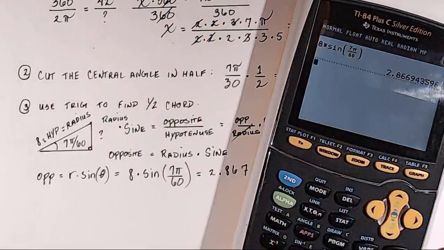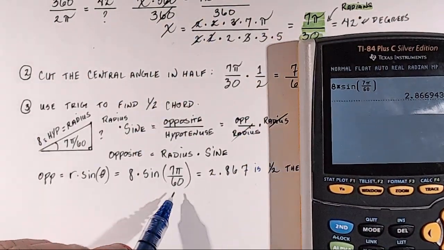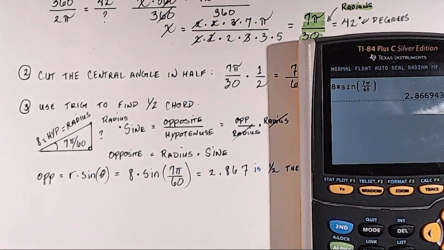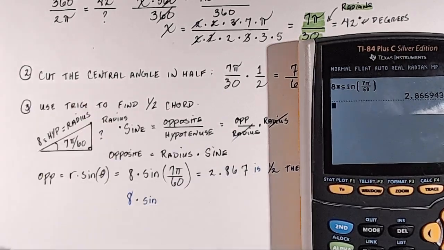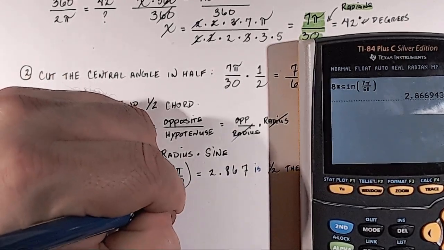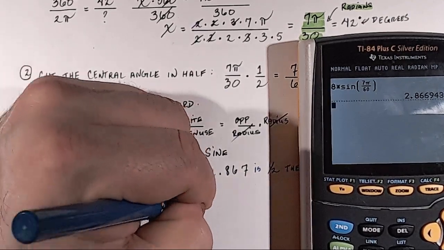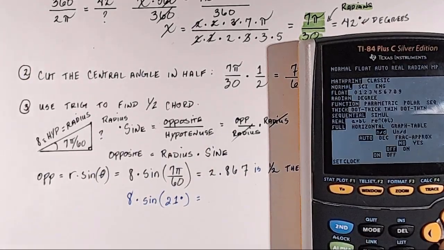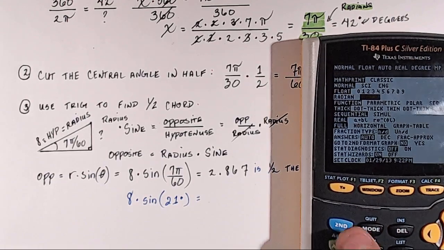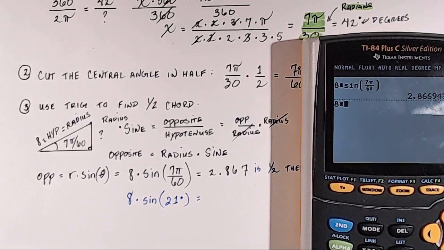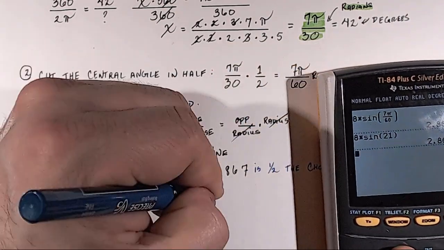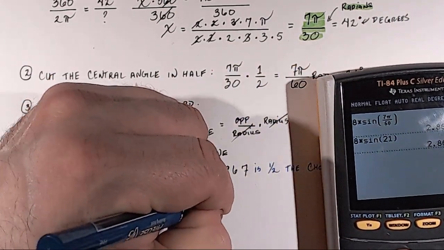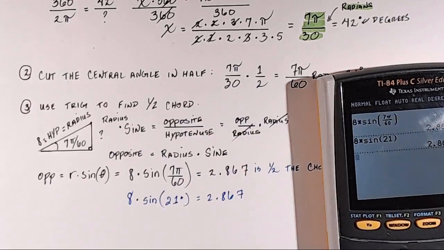If you were doing this problem using degrees instead of radians, you could have done 8 times sine of half the central angle in degrees, which would be 21. If we put this in degree mode and hit 8 times sine of 21, we get the same thing. So it doesn't matter which one you're doing.